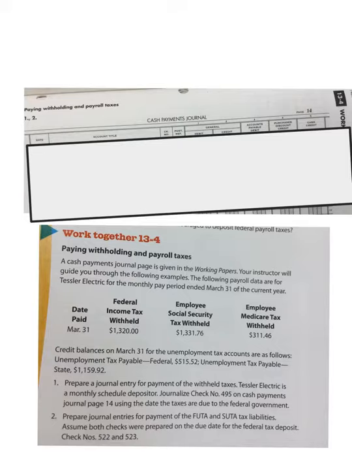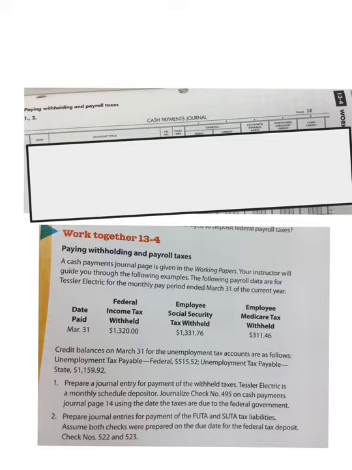Tesla Electric is a monthly scheduled depositor, so actually it pays monthly, and so we need to journalize the date the taxes are due to the federal government. Now, taxes are due on the 15th of the month. And so it is March 31st, so the date that we're actually going to pay this is April 15th.